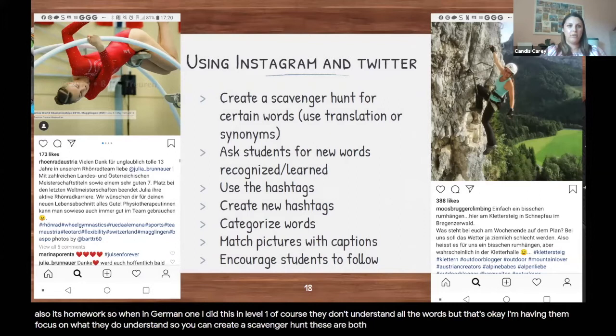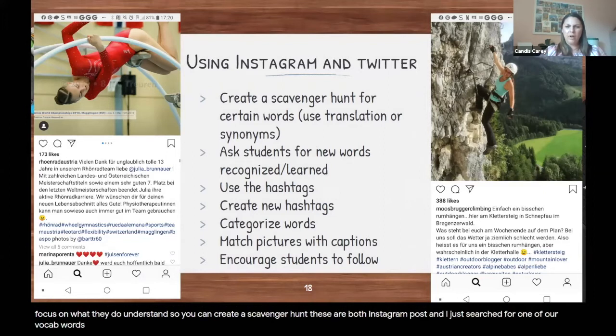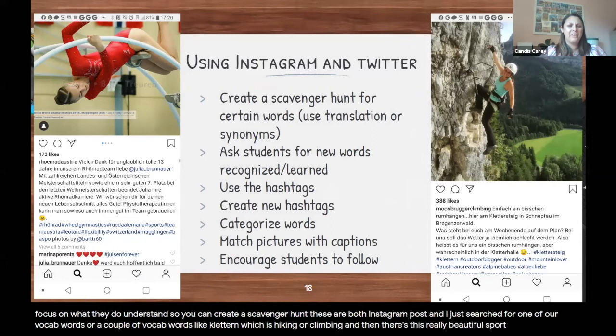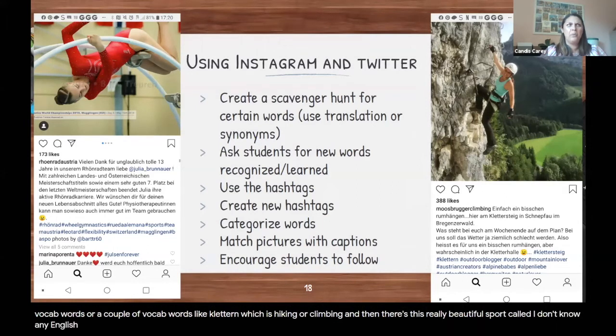These are both Instagram posts, and I just searched for one of our vocab words or a couple of vocab words like klettern, which is hiking or climbing. And then there's this really beautiful sport called, I don't know in English, German wheel, Rundrad, and it's really cool. But I show the students videos of that after we look at this vocabulary.